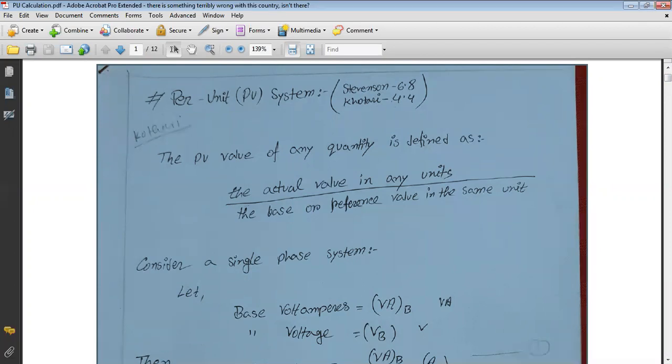It means that if we want to calculate the per unit value of impedance, then we have to divide the real value of impedance by the base value or reference value of the impedance. So this is the basic definition or the basic equation of per unit calculation. This is equation number 1.